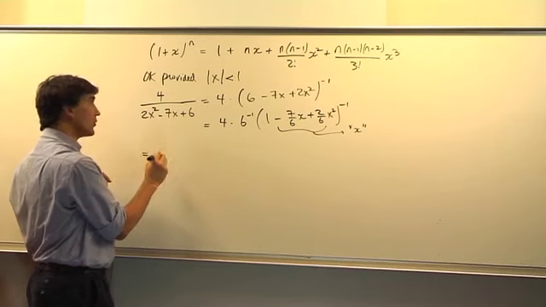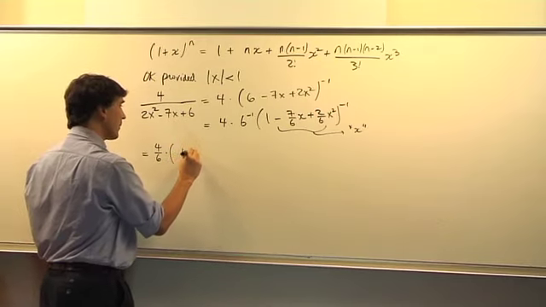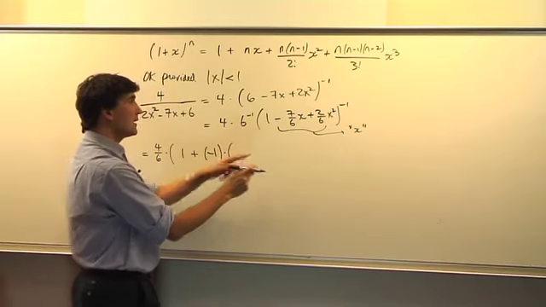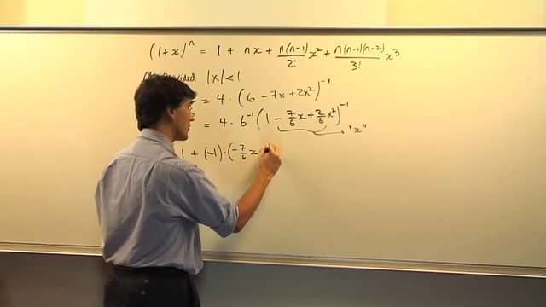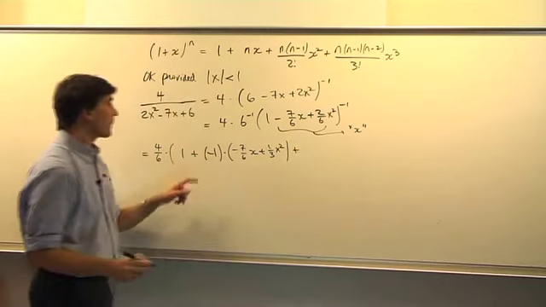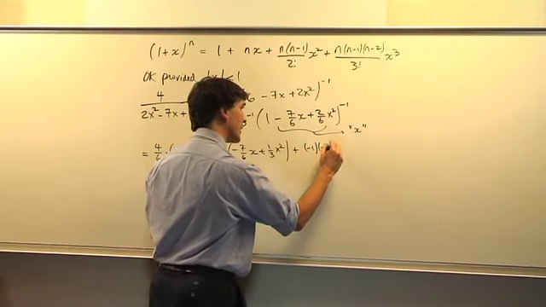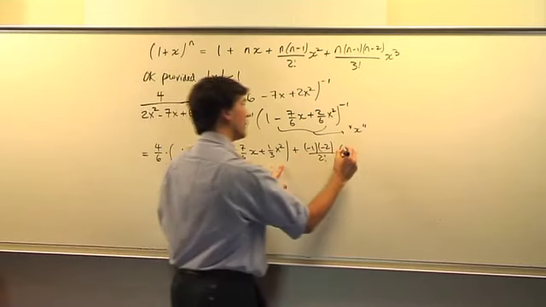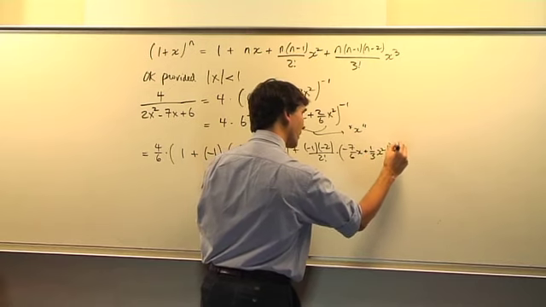Okay, so this is equal to 4 over 6 times, okay, 1 plus n is minus 1, times x is all of this stuff here, minus 7 over 6x plus, that 2 over 6 is the same as 1 over 3x squared, plus n times n minus 1 over 2, so it is minus 1 times minus 2 over 2 factorial, times all of this stuff squared, minus 7 over 6x plus 1 over 3x squared, all squared, plus dot dot dot.